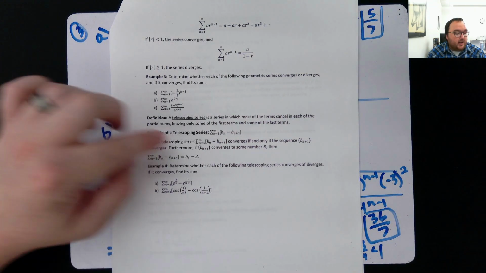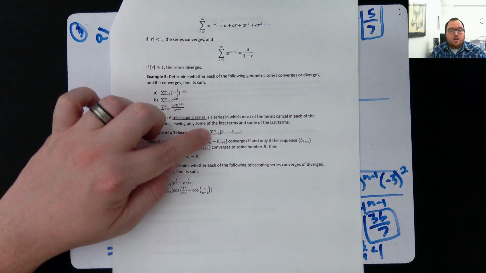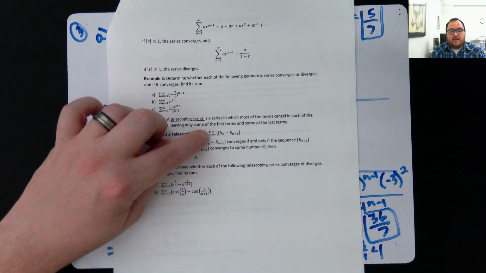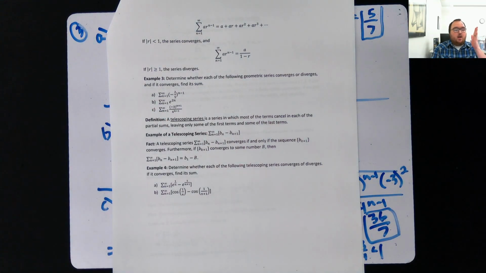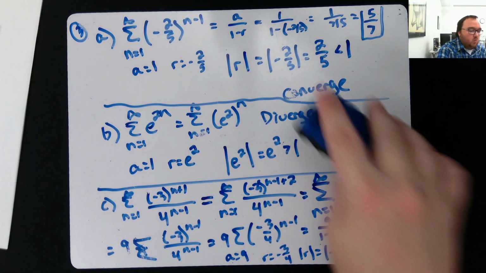So an example is when I look like this: b_n minus b_(n+1). So for the first term, it would be a1 minus a2. Then my next term would be a2 minus a3. Then my next term, a3 minus a4, and on and on and on. So when I add all those up, I'm canceling out a bunch of stuff. Let me show you what I mean.